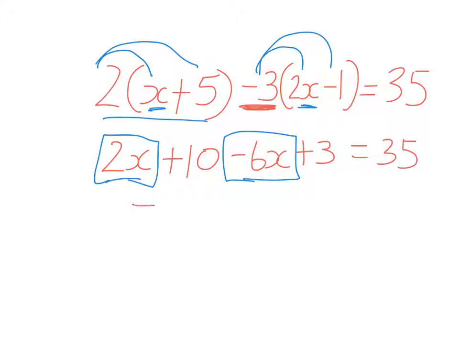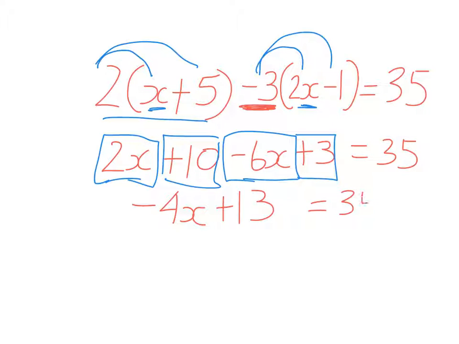So 2x minus 6x is minus 4x. We can't add that to 10 because 10 is another term, but it doesn't have an x. It's not a like term. But 10 and 3 are like terms. Positive 10 plus 3 is just plus 13. So I've got minus 4x plus 13 equals 35.